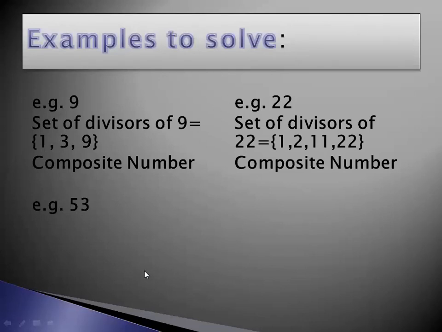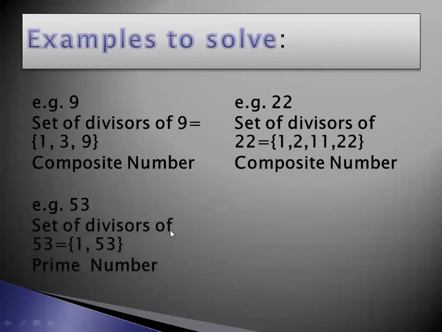Okay, very good. Now look here. The set of divisors of 53 is equal to 1 and the number itself, that is 53. So if any number has only two divisors, that is 1 and itself, then the number will become a prime number.